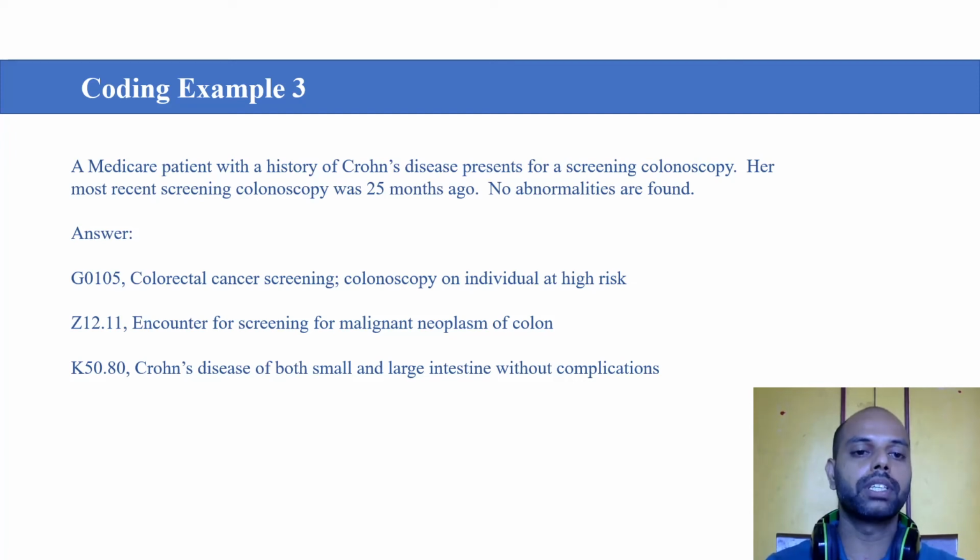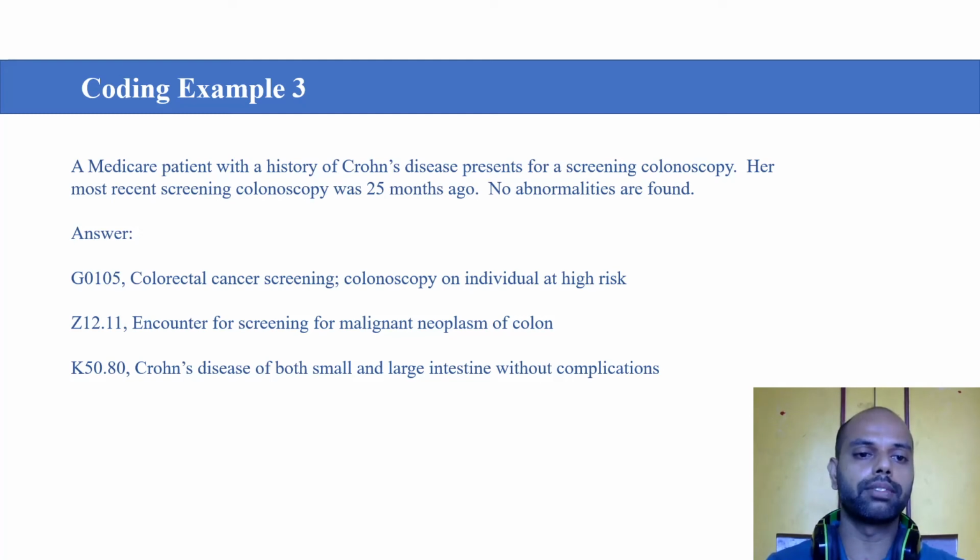For a Medicare patient, we have only two codes for screening colonoscopy. One is for high risk and one is for medium risk. We know how to check for high risk; we have a few things to check. Here they have mentioned a history of Crohn's disease, so the patient is at high risk. So the correct HCPCS level 2 code is Z0105.